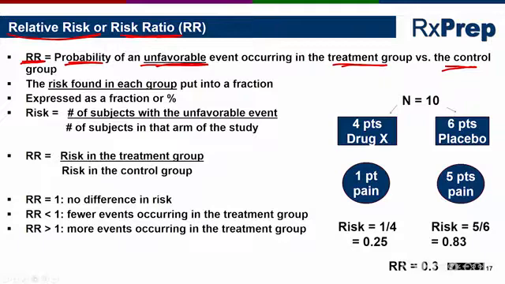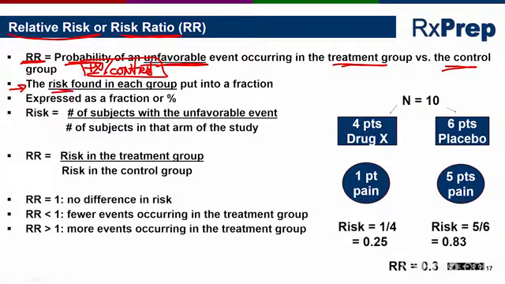So we're looking at the bad outcomes happening in the treatment group versus the bad outcomes happening in the control group. So that's the risk ratio. We're putting the treatment group up top and the control group below, and that gives us our ratio. However, we oftentimes get raw data given to us and not the risk ratio or relative risk calculated for us.